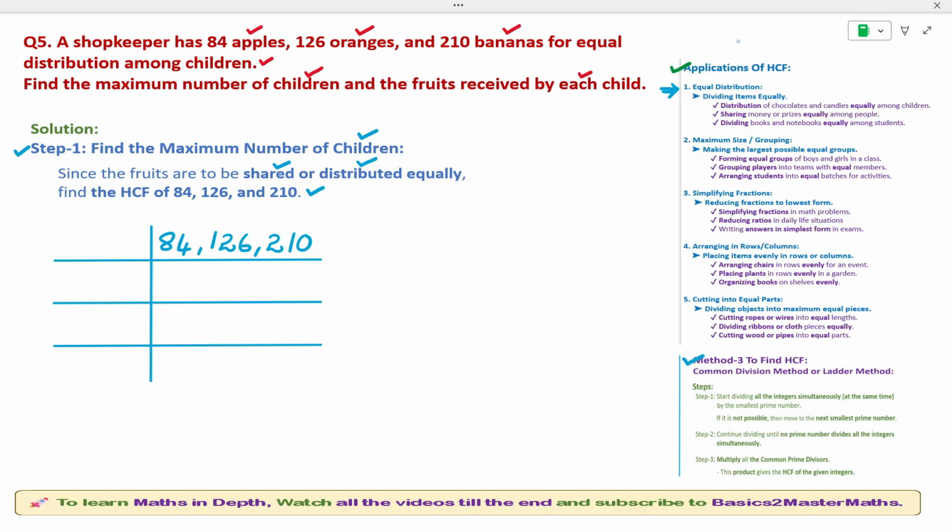Start dividing 84, 126 and 210 by the smallest prime 2. Since 2 divides all the integers exactly, we get 42, 63 and 105.